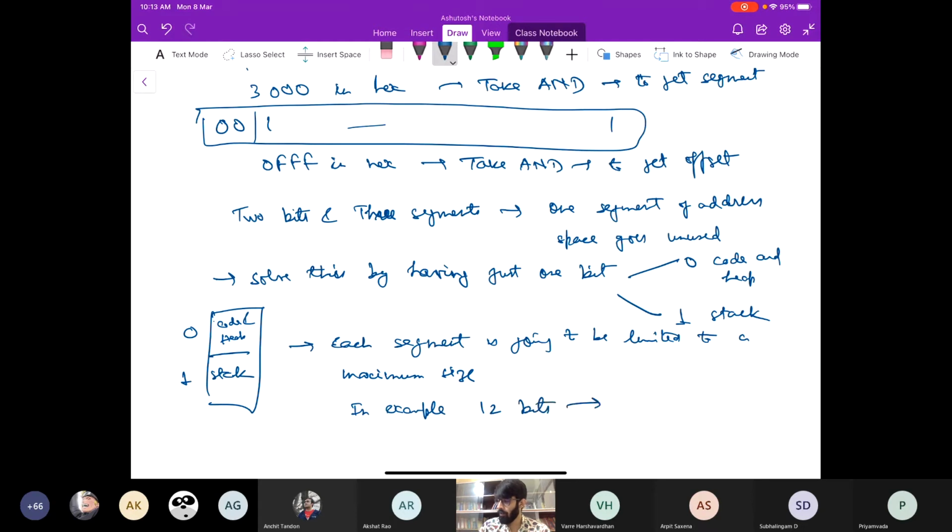The total space was 16 KB, but because of this segmentation, 0 0 is for code, 0 1 for heap, and 1 0 is not used.